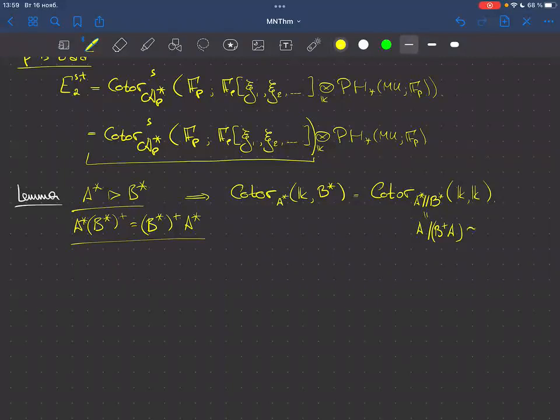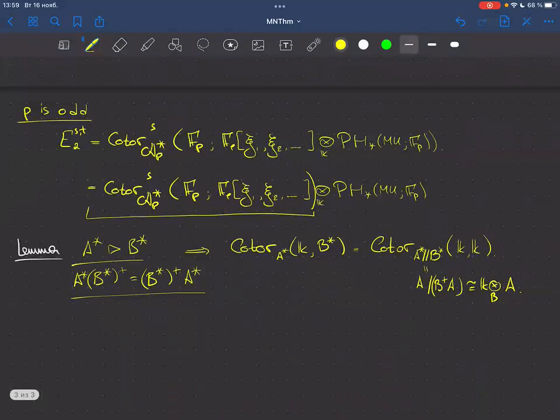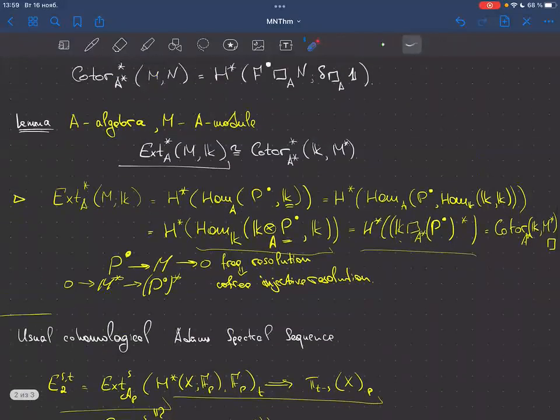Okay, or just K A over B. Okay, so let us just believe it at the moment. Well, the proof of this statement is just the same as we already did here.